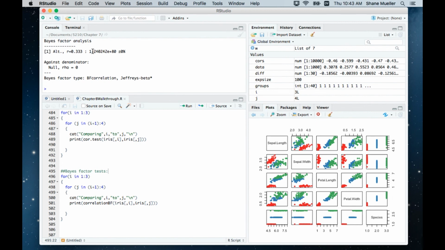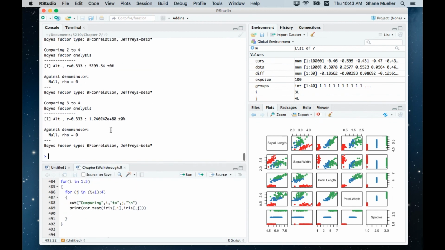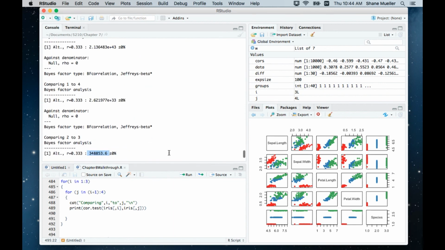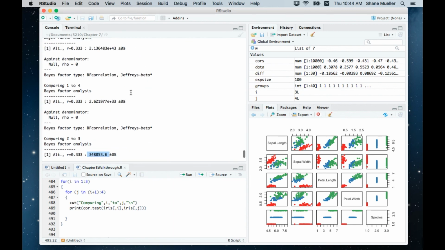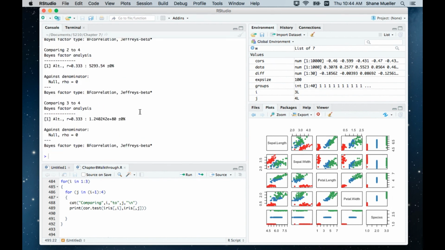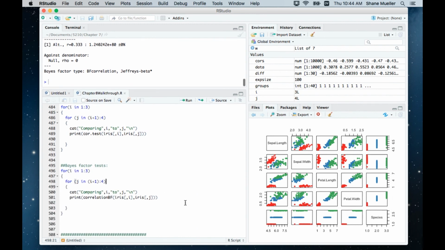Okay, and here we see that the Bayes factor can be very large. This is scientific notation, so it's got 1.2 with 80 zeros behind it, 5,000. These are all very large Bayes factors when testing these differences. And so there's a simple way of reporting the Bayes factor of these correlations as well.